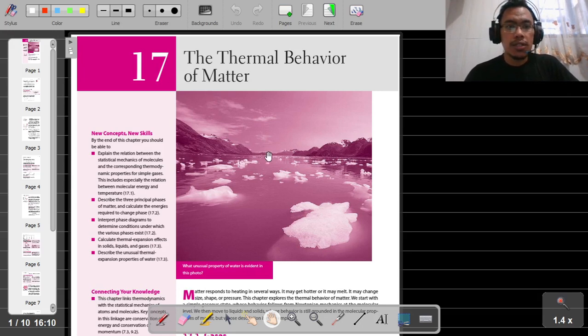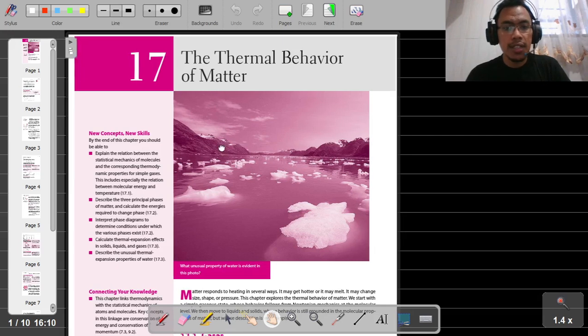So what are we going to learn in this chapter? We are going to learn about how matter or material responds when we give a certain value of heat.